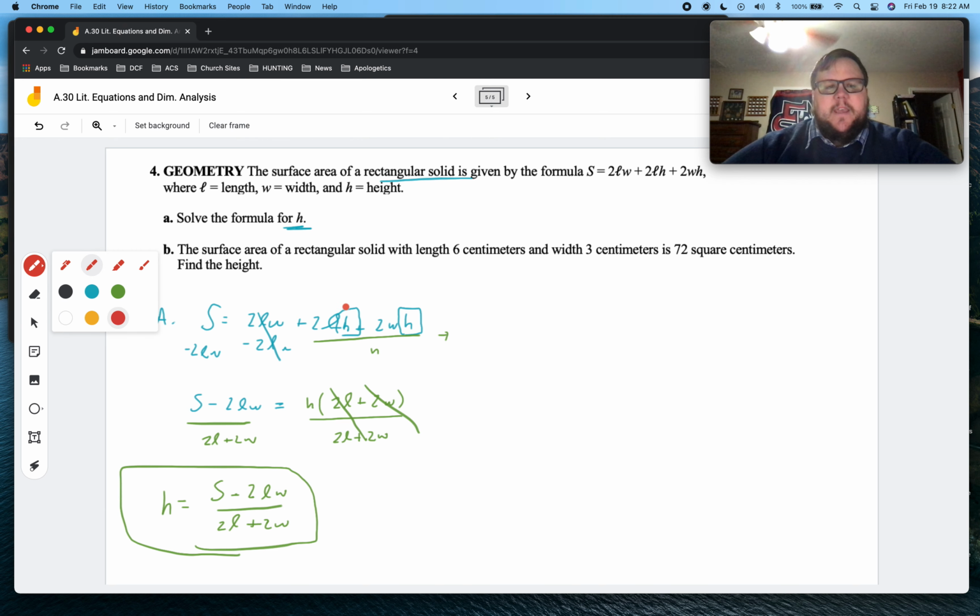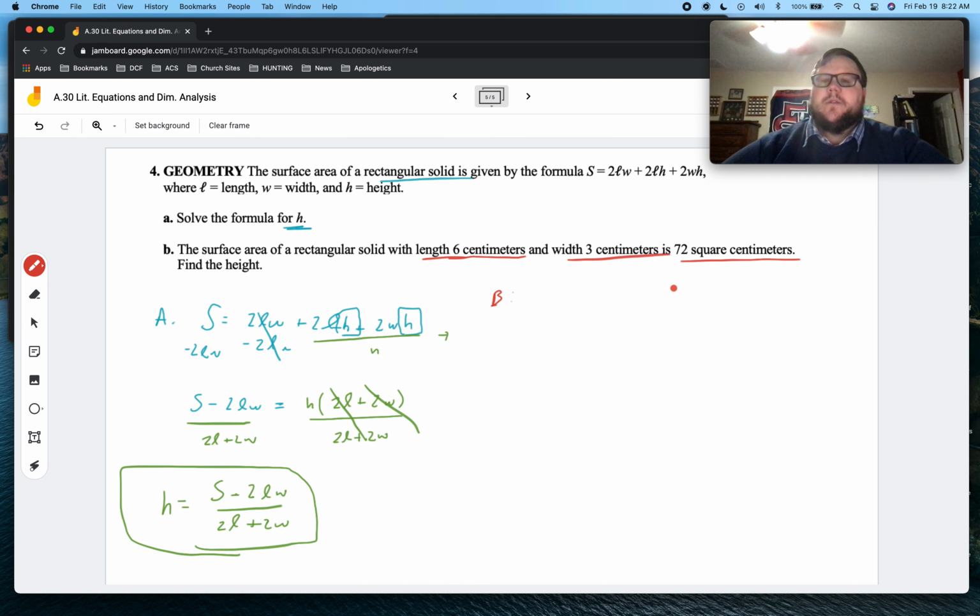Now part B gives us the dimensions. Our length is 6 centimeters, our width is 3 centimeters, and our surface area is 72 square centimeters. So find H. So I get H equals, and I'm going to plug in what I know. What's the surface area? 72.